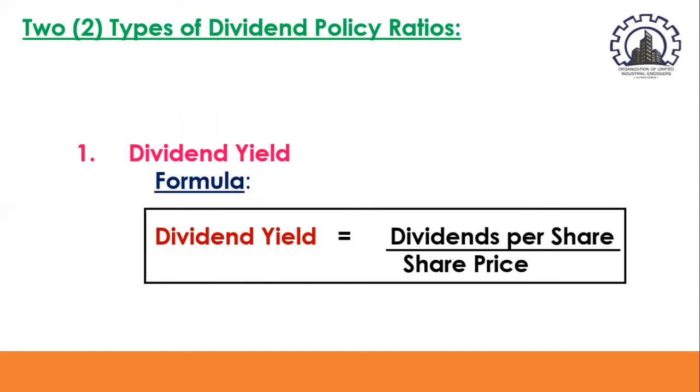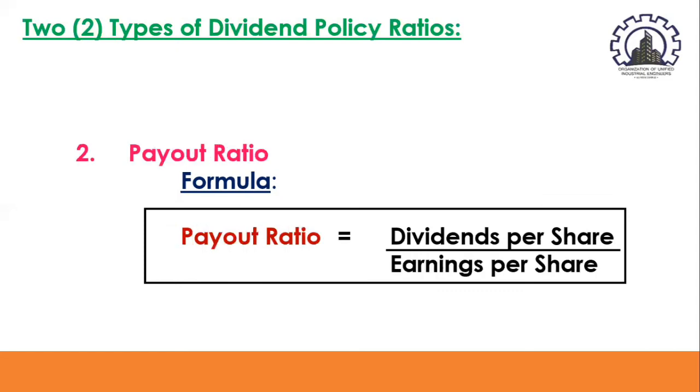Again, just a brief recap: dividend is a portion of profit after tax that is given out to shareholders or stockholders. Again, our formula in getting dividend yield would be dividends per share all over the share price. And finally, we have payout ratio. In getting payout ratio, we have dividends per share all over earnings per share.